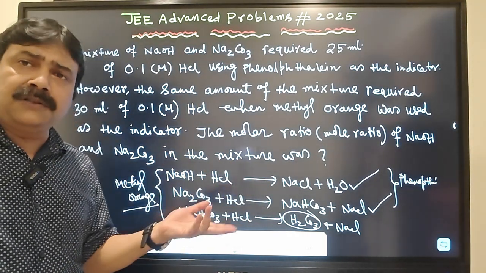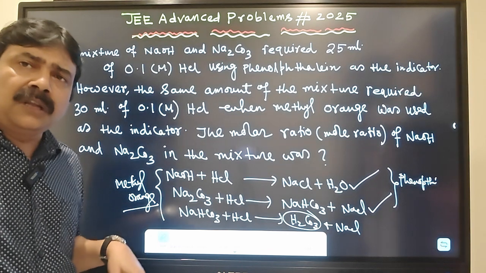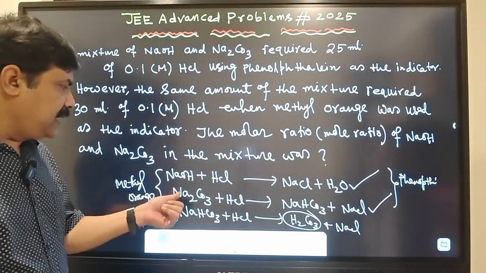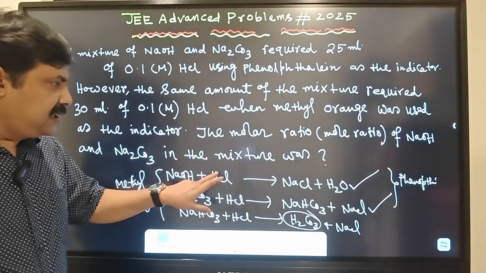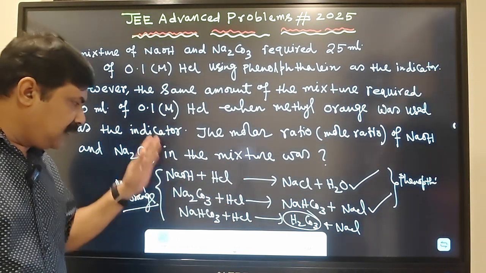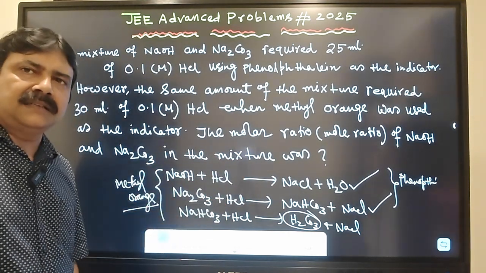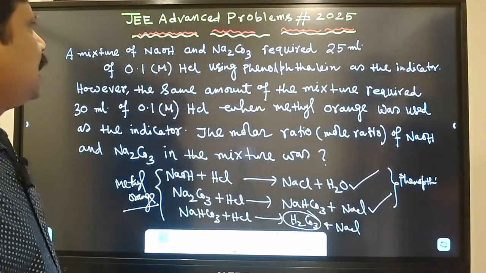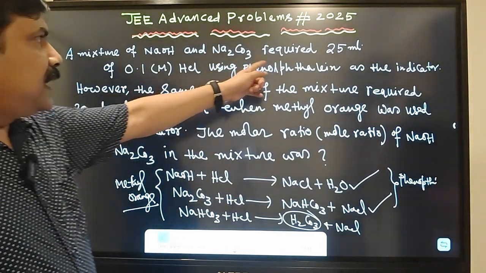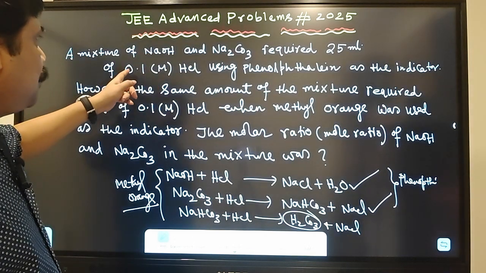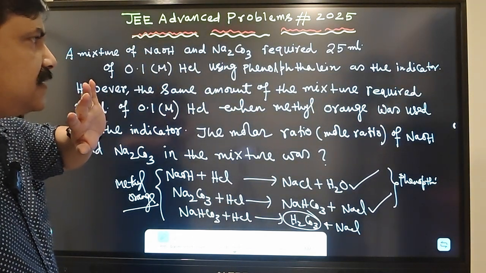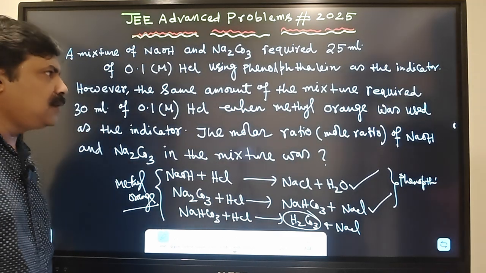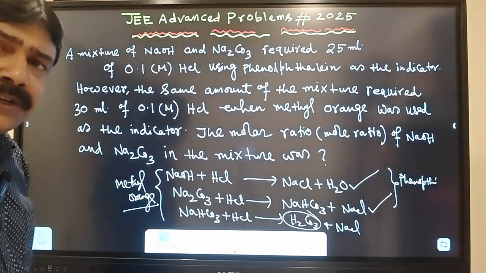Basic medium it will work, acidic medium it will work, because in both media it shows a different color. So for phenolphthalein only these two reactions, but for methyl orange all three reactions occur. In this problem, with phenolphthalein 25 ml of 0.1 molar HCl is required, and with methyl orange 30 ml of 0.1 molar HCl is required.